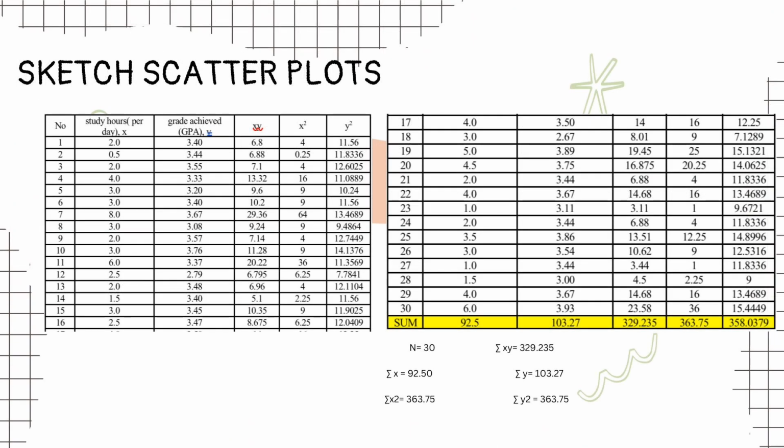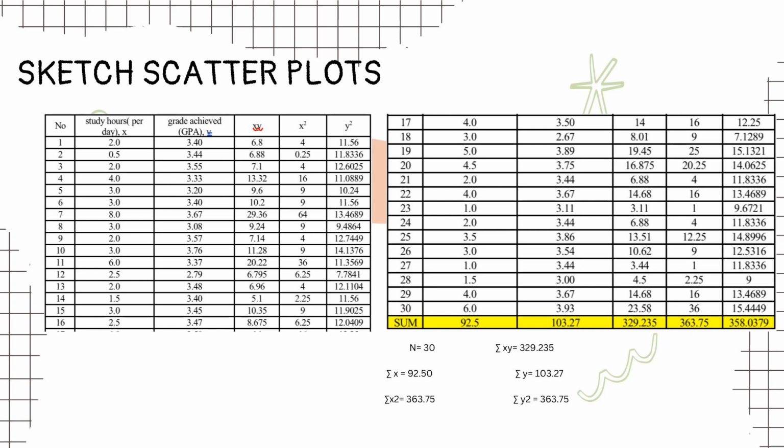Sketch scatter plot. The chart shows the outcome from UTHM students that achieved some grades linked with their study hours. What we see, the highest grade achieved is 3.91 and the study hours are 6 hours.